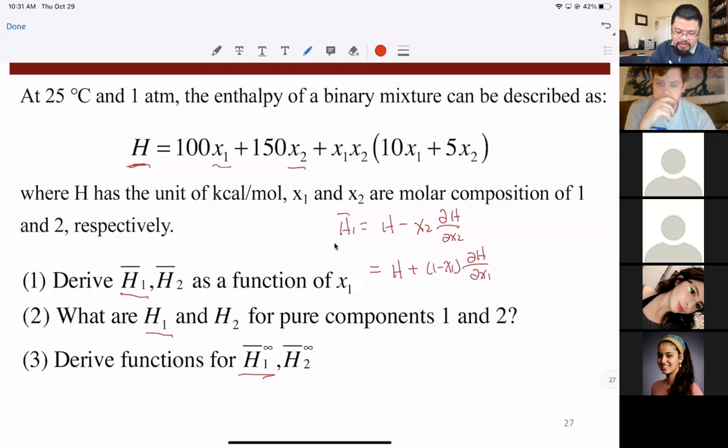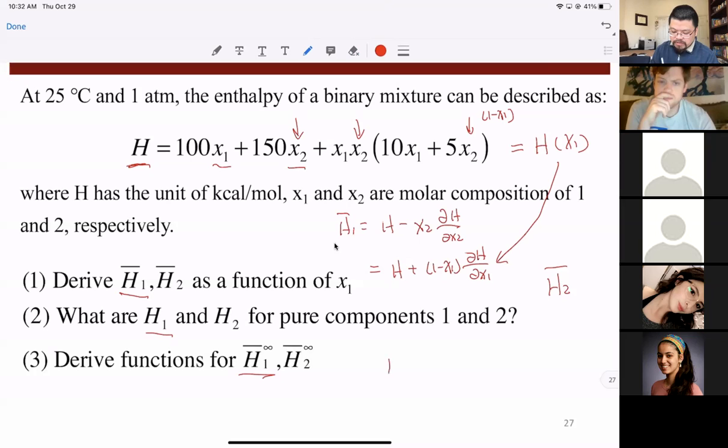And we have the equation for enthalpy as a function of x1 and x2. So the very first step is I need to replace this x2 by 1 minus x1, so that I have the equation purely expressed in x1. Then I would use this equation to calculate the partial h1, and very similarly I calculate the second component, h2.